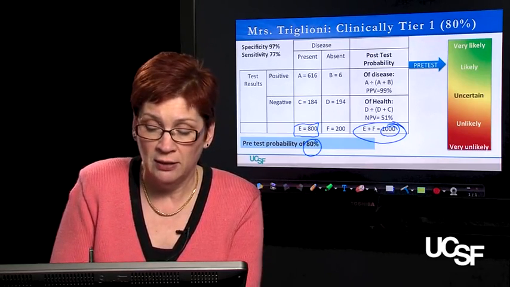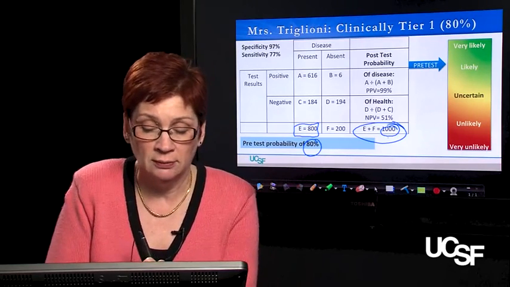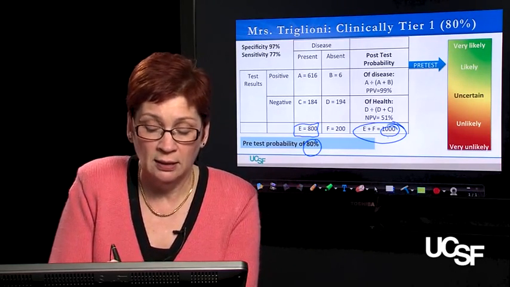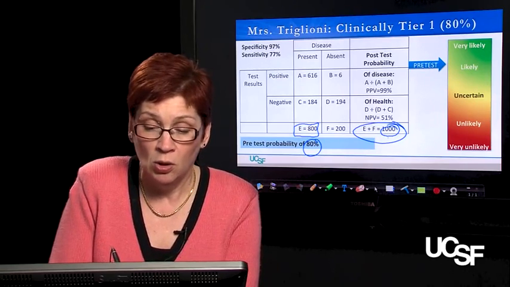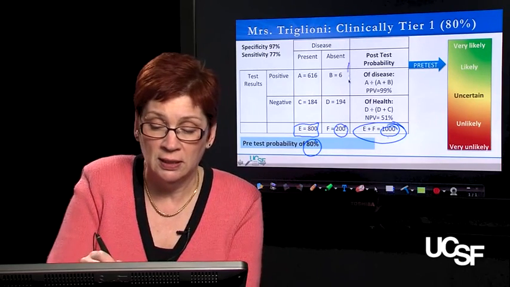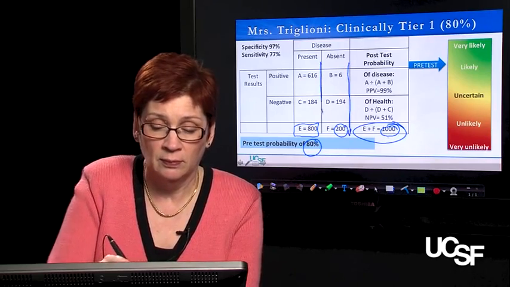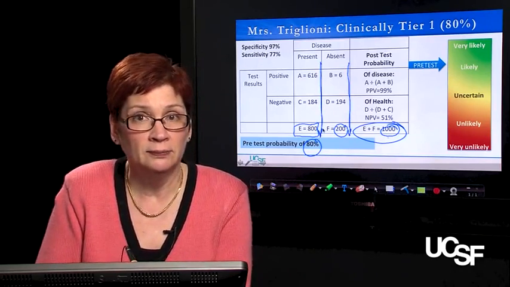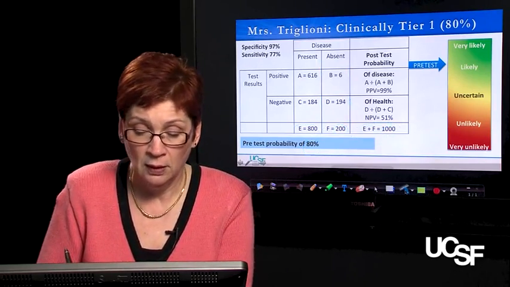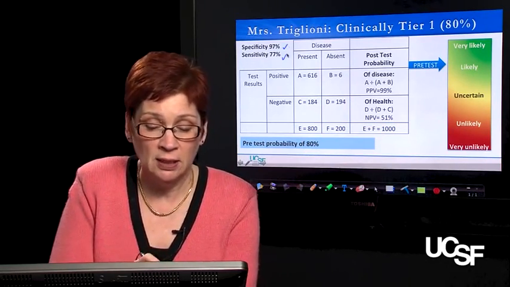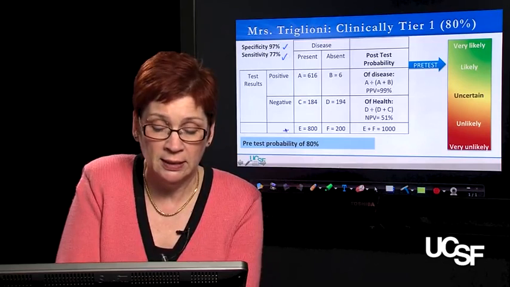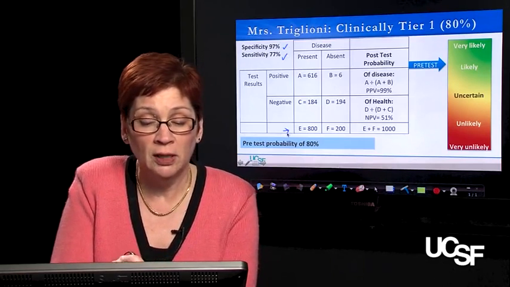And so of that 1,000, that's 800, which means that in the population of people who look just like Mrs. Triglione, only 200 will be free of disease, and that's this column. So got it? Good.